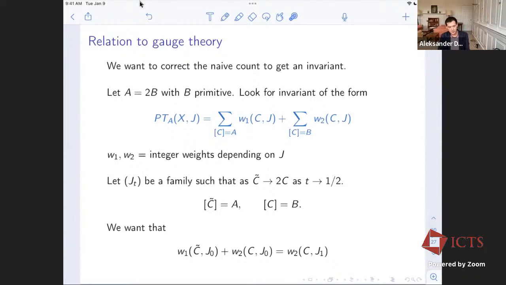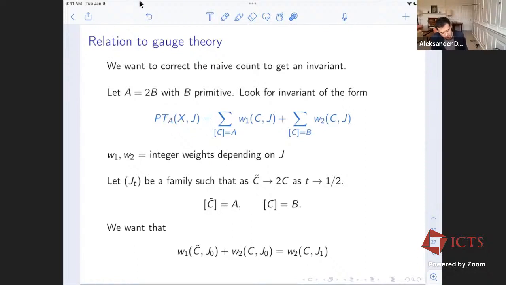So the most general form would be a sum like that. Again, I'm only thinking about classes that are divisible by 2, but not by any other number. In general, the story will be more complicated. So we're looking for an invariant of the following form.